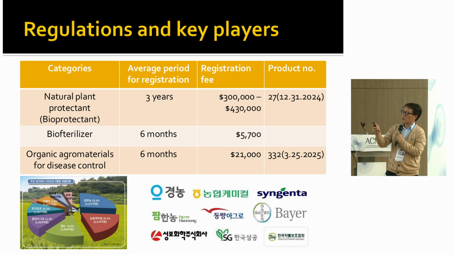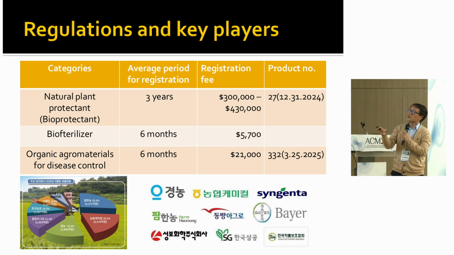The first one is biopesticide, like a biocontrol agent. It normally takes 3 years and spends 300,000 to 430,000 US dollars. It's a lot of money and a long time.